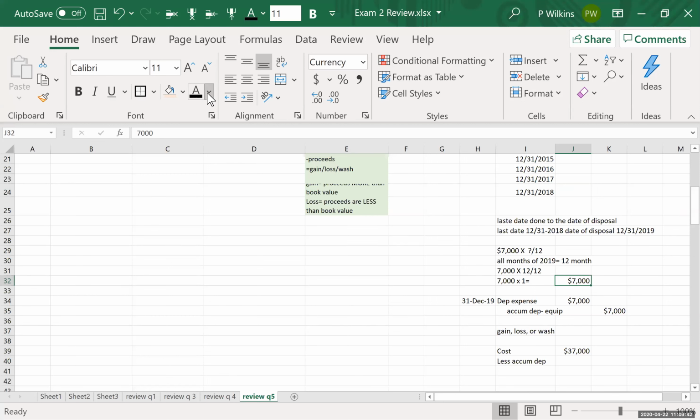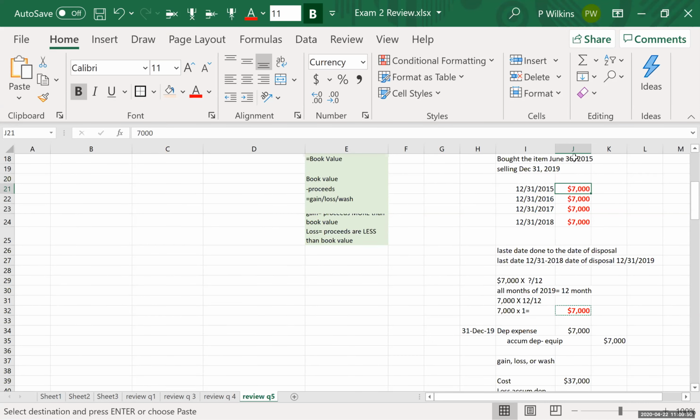We did that current $7,000 for 2019. We have $7,000 for 2018, 17, 16. But in 15, it's not $7,000.